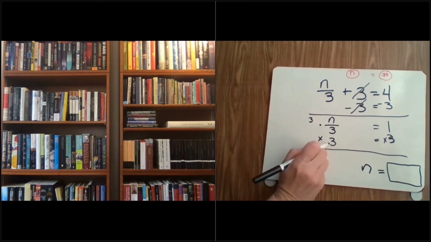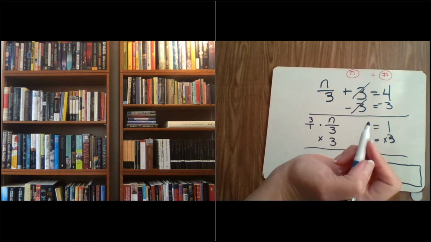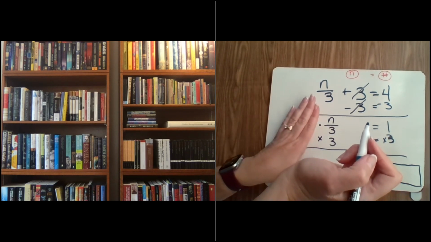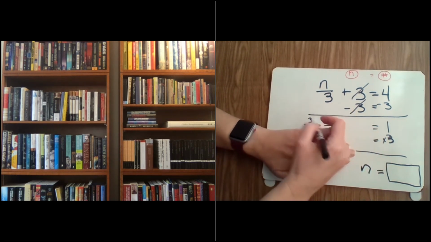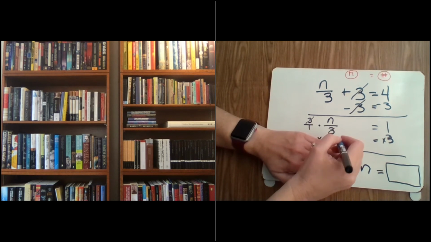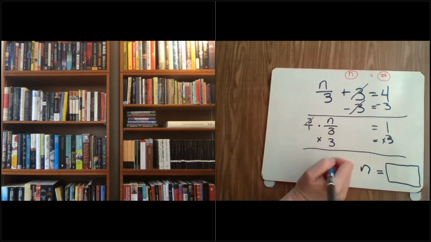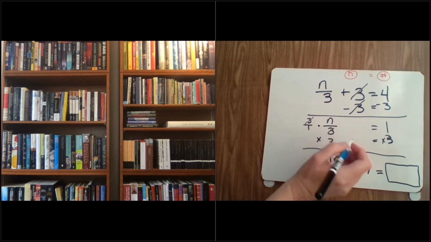I'm also going to turn my number 3 into a fraction, 3 over 1. Now to multiply n divided by 3 times 3, I can cross simplify. Those are just ones, and I end up with 1n when I simplify all of that.